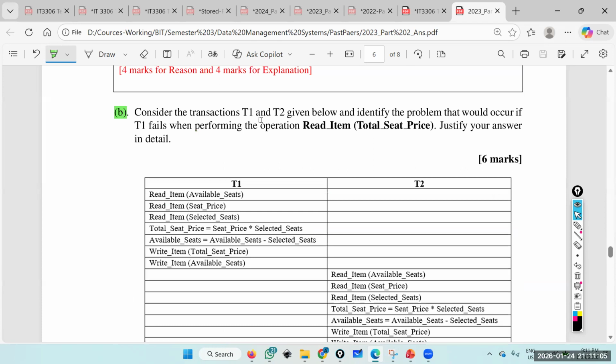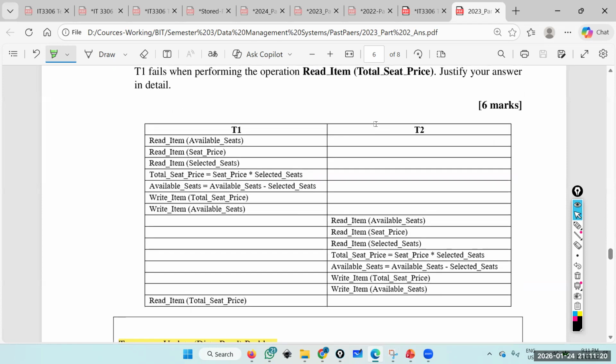Consider the transactions T1 and T2 given below and identify the problem that could occur if T1 fails. That means T1 rollback. When performing the operations, read the item total seat price. Total seat price. Where is that?